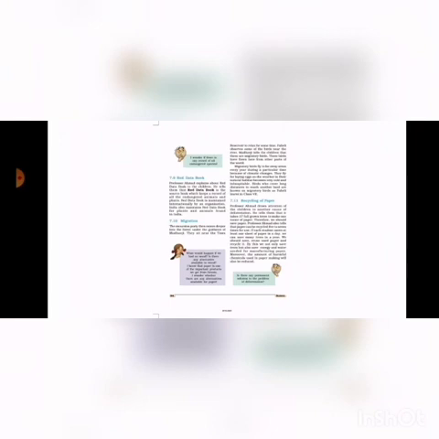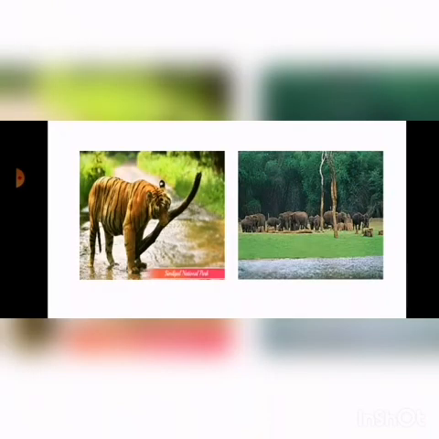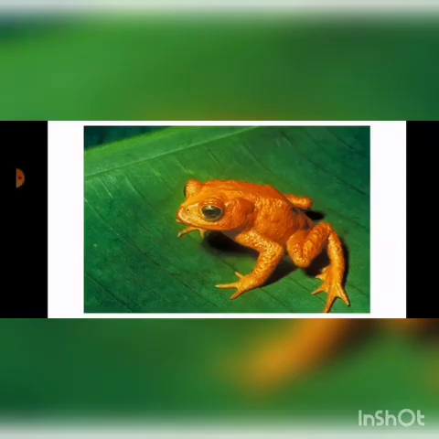Next we go to the Red Data Book. The International Union for Conservation of Nature, IUCN, maintains a record of all the endangered animals and plants in the world and calls it the Red Data Book. India also maintains its own Red Data Book which keeps a record of endangered plants and animals found in India.